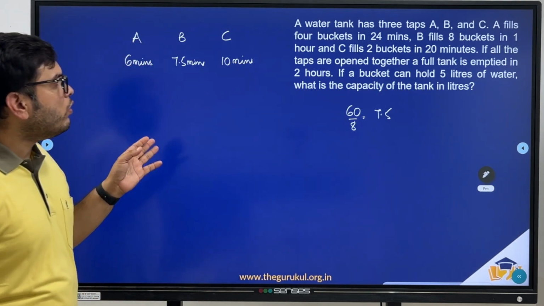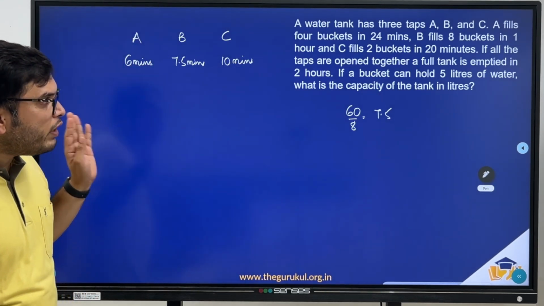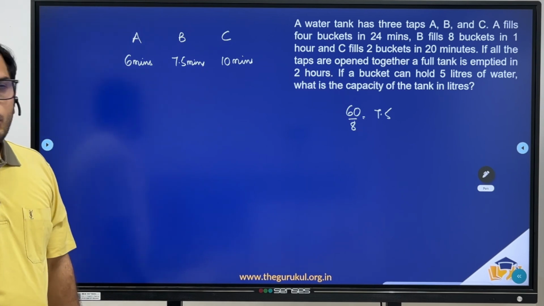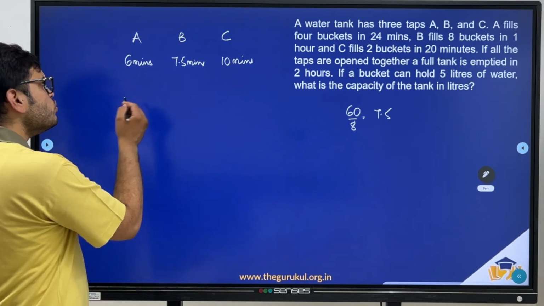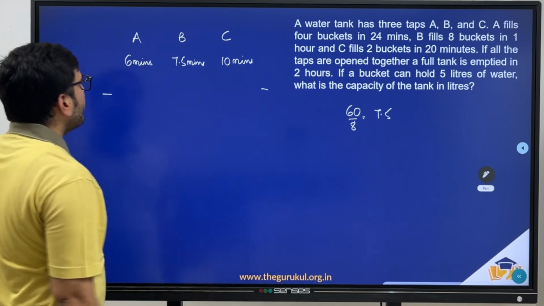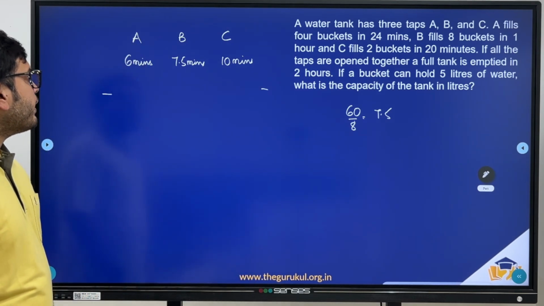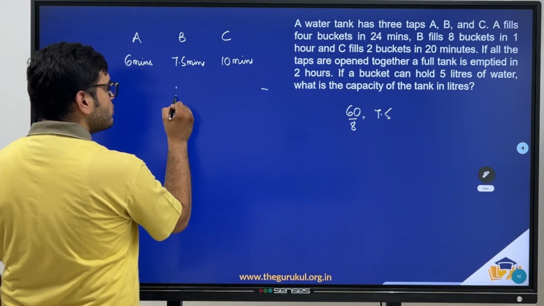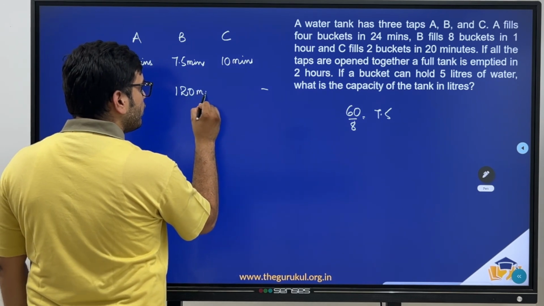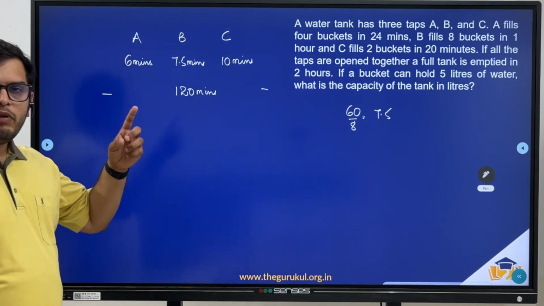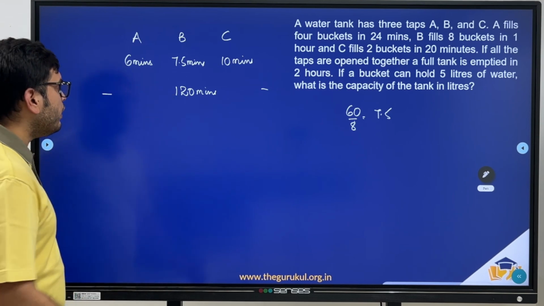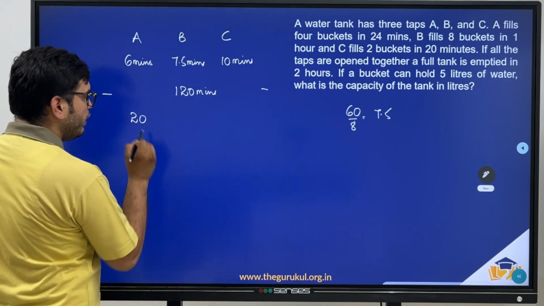Now if all the taps are open together, a full tank is emptied in 2 hours. So in 2 hours, how many buckets can be filled by A? 2 hours is nothing but 120 minutes. Now, if A can fill 1 bucket in 6 minutes, in 120 minutes, A can fill 20 buckets.